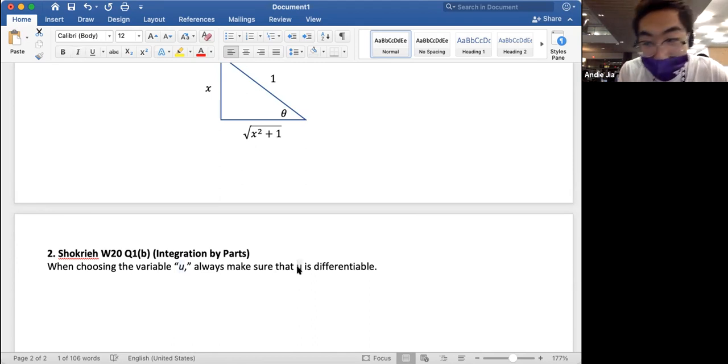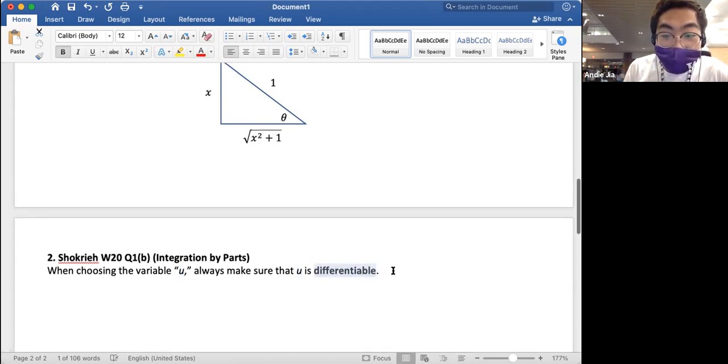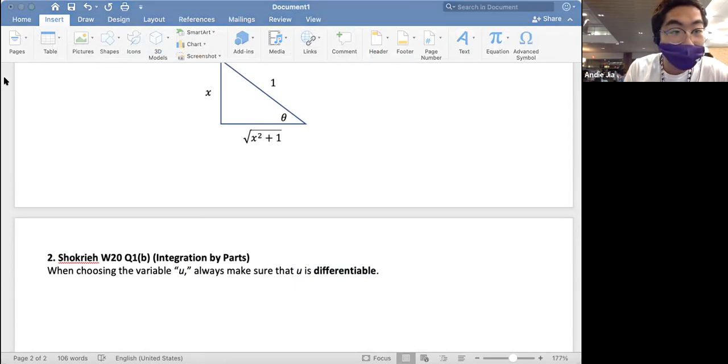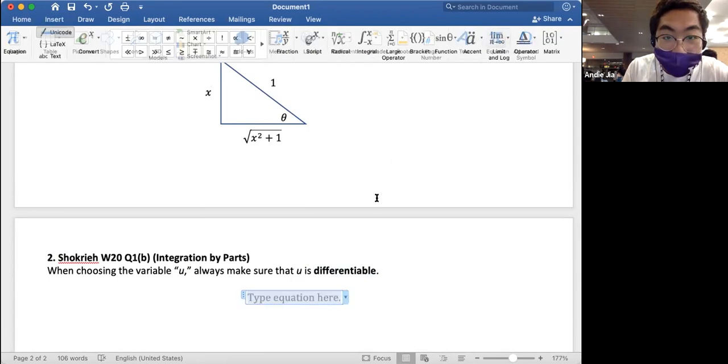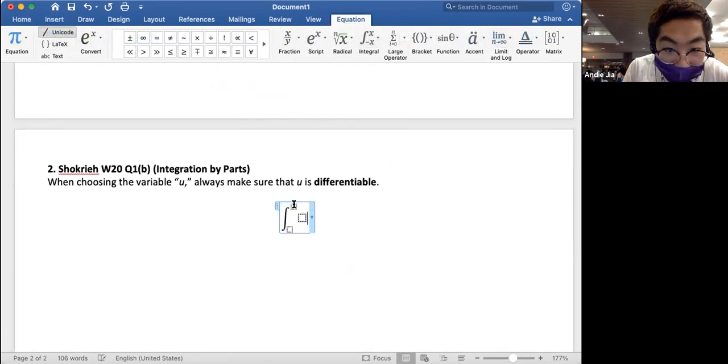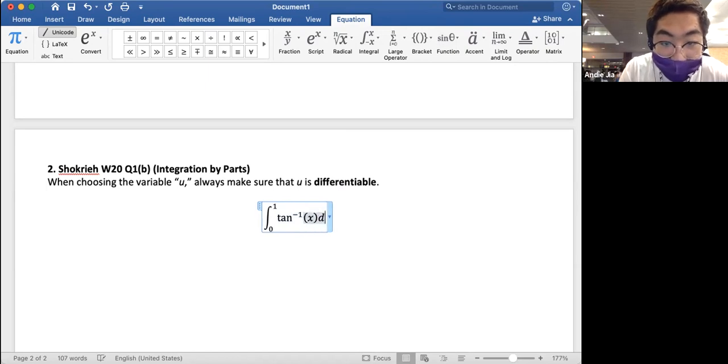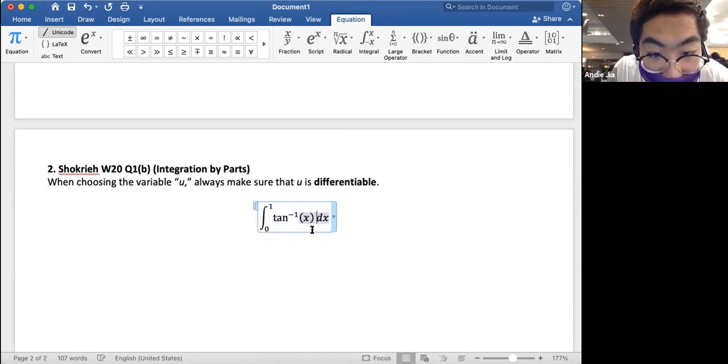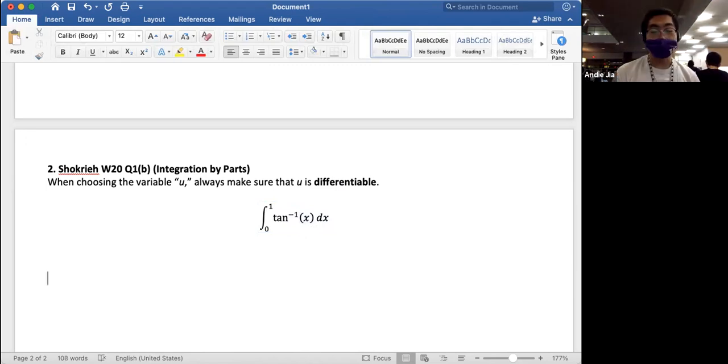So does this make sense to you? This is a definite integral.